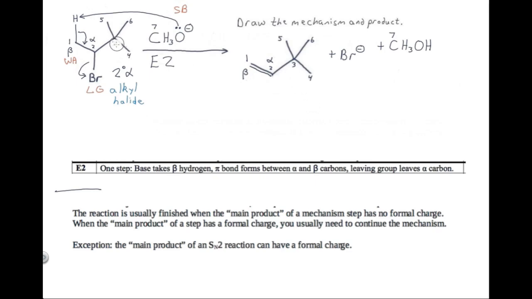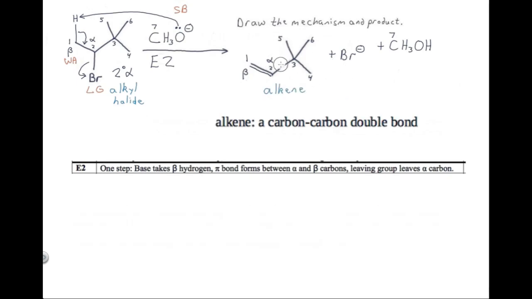We said that this starting material is an alkyl halide. What about this product? Do you know what is the name of the functional group in this product? Here's the answer. Our product is an example of an alkene. An alkene is defined as a carbon-carbon double bond. We have a carbon-carbon double bond here between carbon 1 and carbon 2, between our former alpha carbon and our former beta carbon.